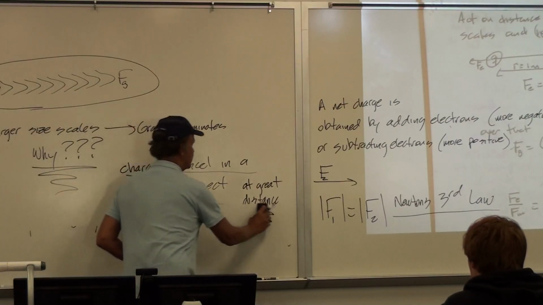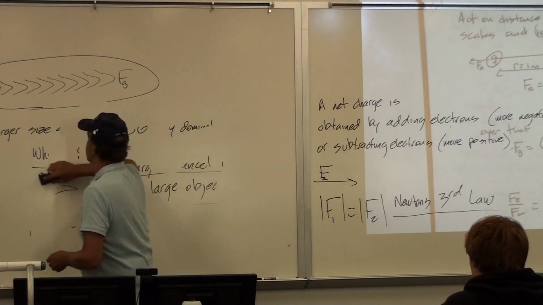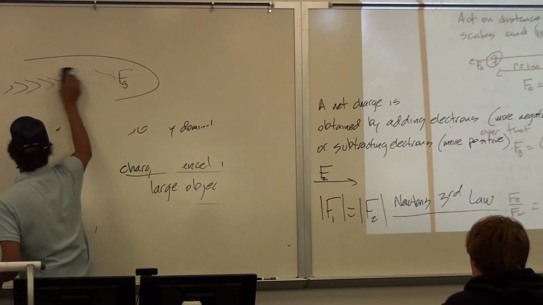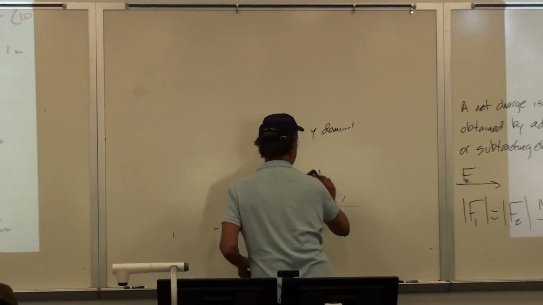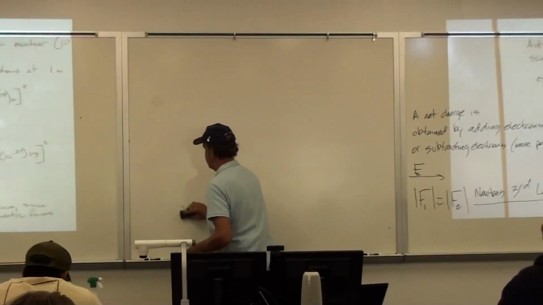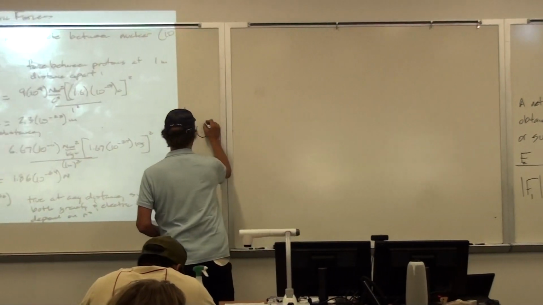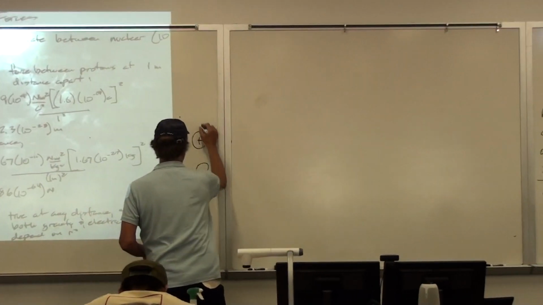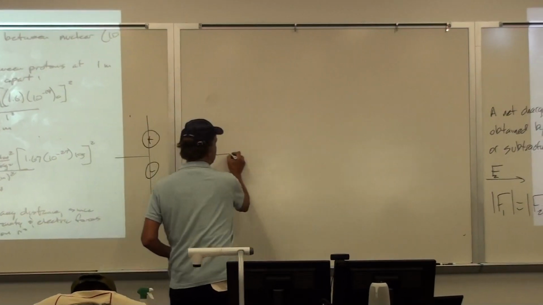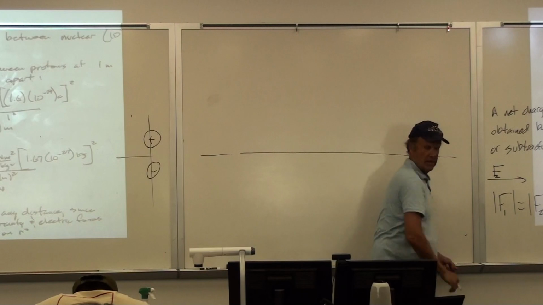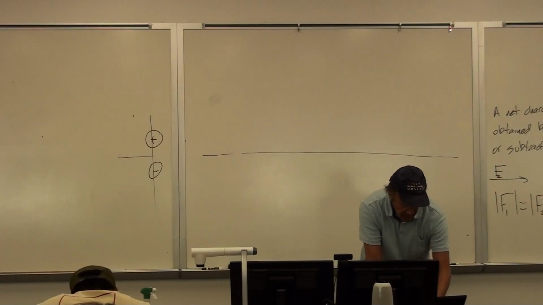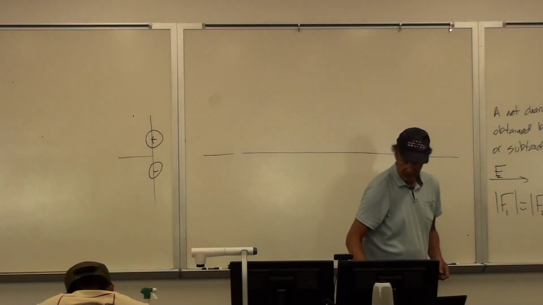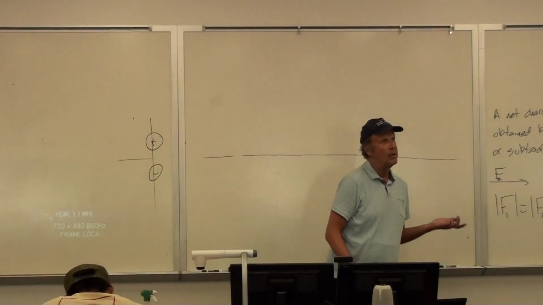Okay, well let's look at this for a second. Let's say you're just dealing with a positive and a negative charge. This is called a dipole. Let's go along the axis of the dipole, and let's go way out here to infinity, or maybe Mars, okay?